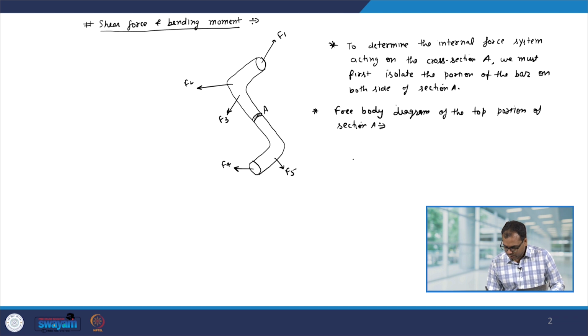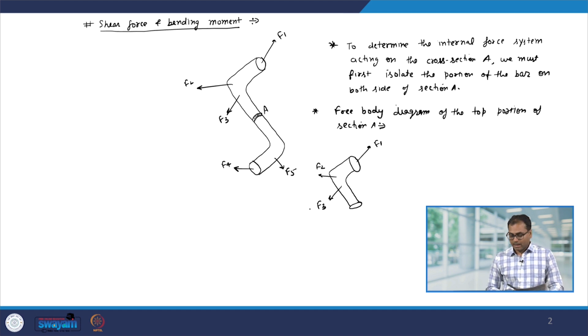So, we have the external forces F1, F2 and F3, and then because the whole body is in equilibrium, on this part there will be a resultant, let us say R, and along an arbitrary line, let us say there is a couple CR.